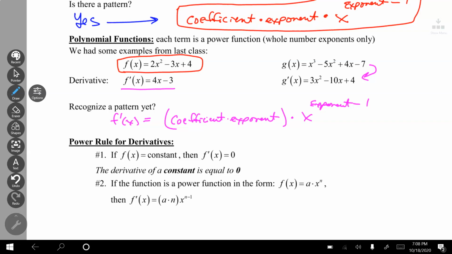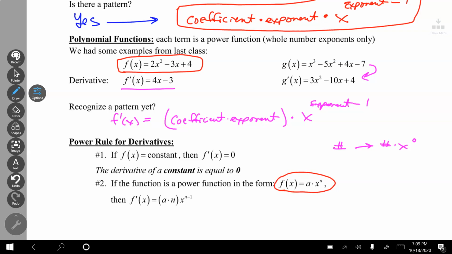So the derivative of a constant, because a constant is just a number, or what we call a number times x to the 0, and we do our little rule, we're going to get 0. But if it's a power function, that means it has to look like this.